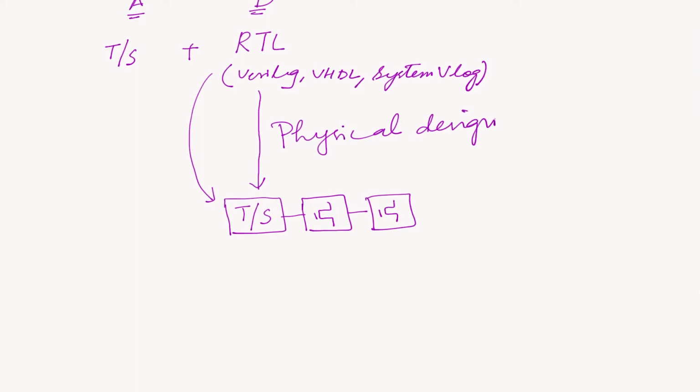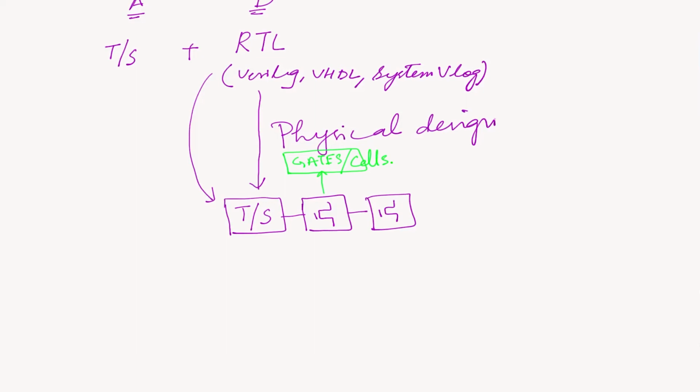Within physical design, instead of working directly at transistor level, we work at a bit higher level. Okay, so we work at gates, or we call them cells as well. So we work at one level up.